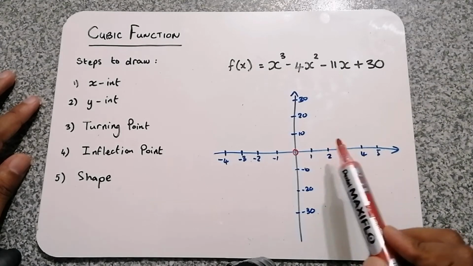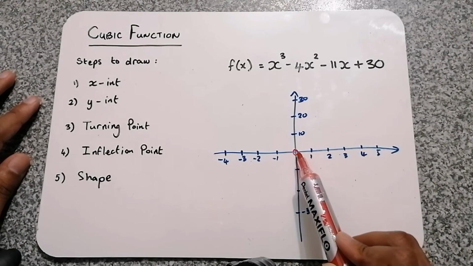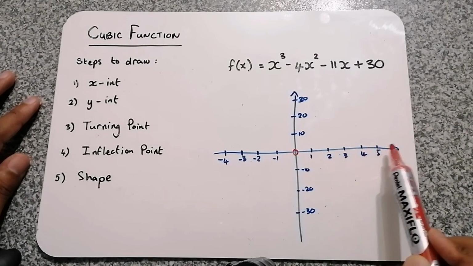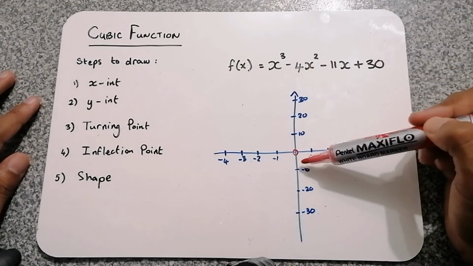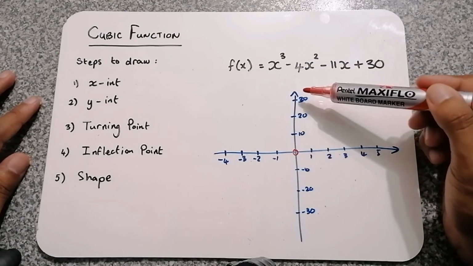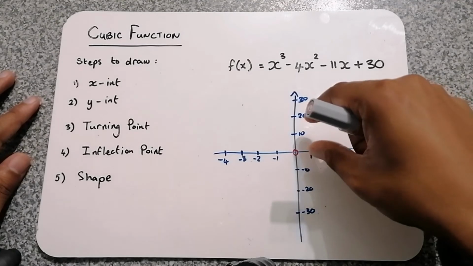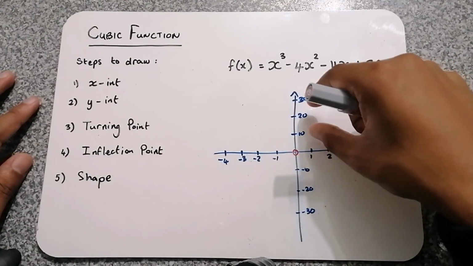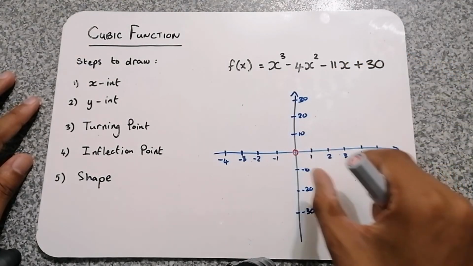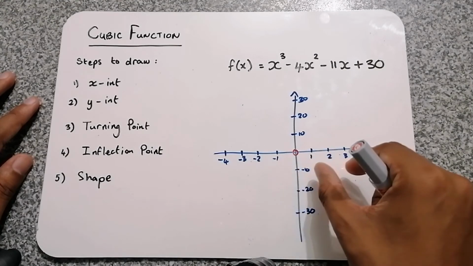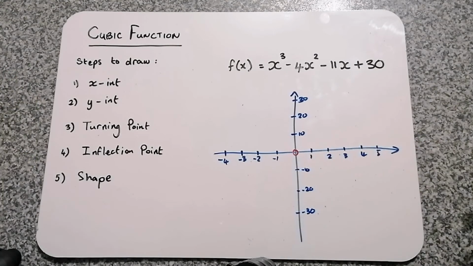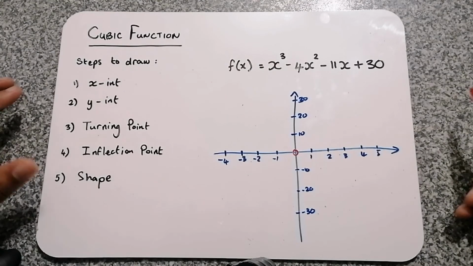So for example, here I have 0, 1, 2, 3, 4, 5, but then for my y's I have 0, 10, 20, 30. But the spacing between 0 and 10 is the same as 10 to 20, and the spacing that I have for 1 to 2 is the same for 2 to 3 on my x-axis. So that's the thing that you need to look out for.